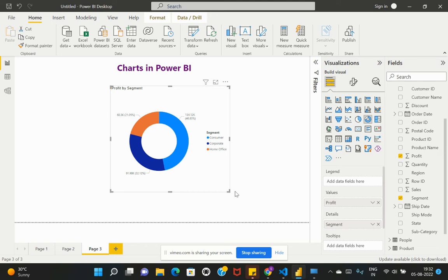So you can choose either of them. However, if you would like to show the total value within this donut chart, you can use this donut chart to display that value as well. Okay, so this is all about the donut and the pie chart, and both of them have got the similar concept, like when do we use this to display the relationship of the individual parts to that of the whole.